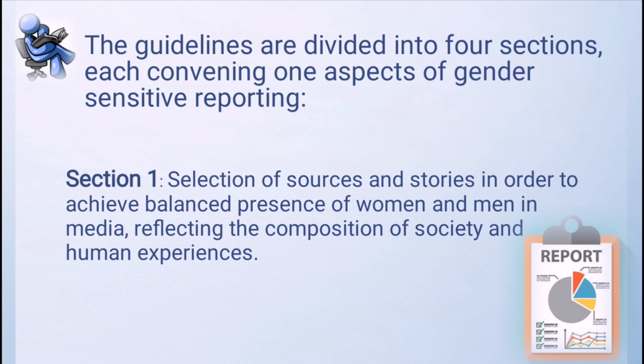We have Section 1, the selection of sources and stories in order to achieve a balanced presence of women and men in media, reflecting the composition of society and human experiences.